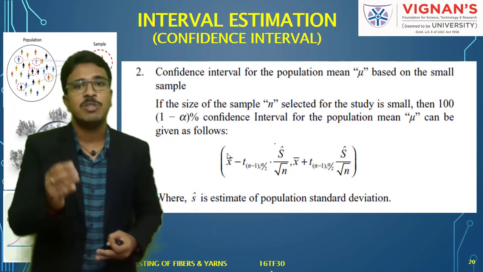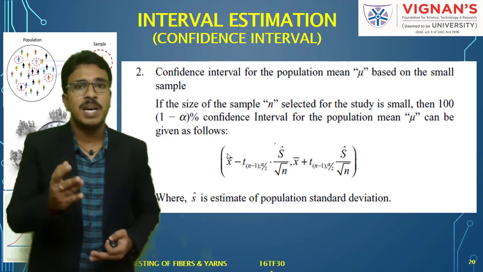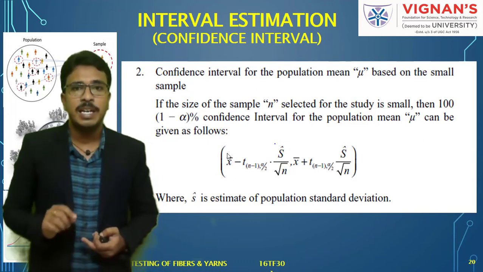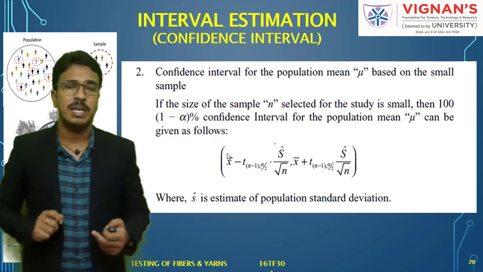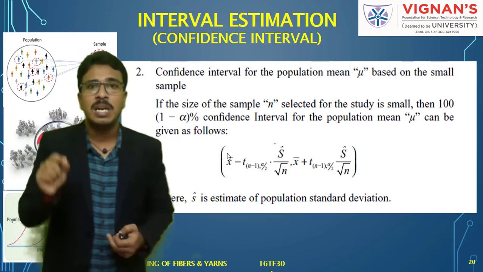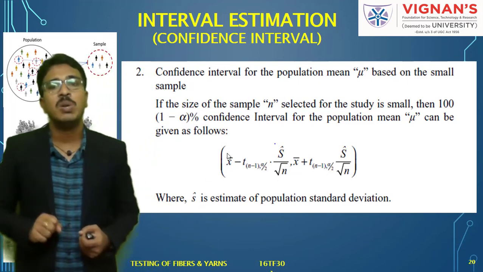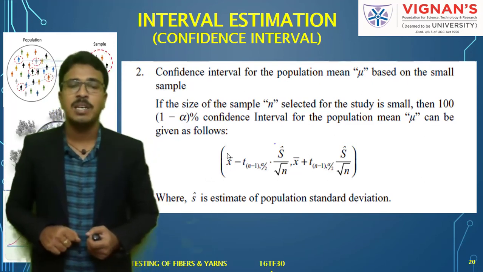You can use this formula: x bar minus t n minus 1 alpha by 2 into s divided by root n, comma, x bar plus t n minus 1 alpha by 2 into s divided by root n.